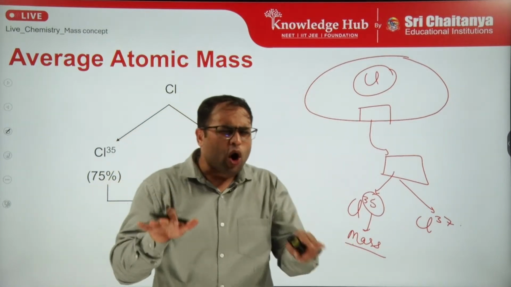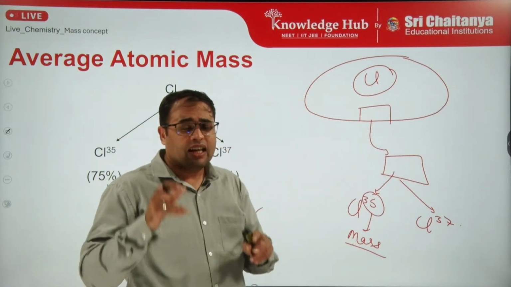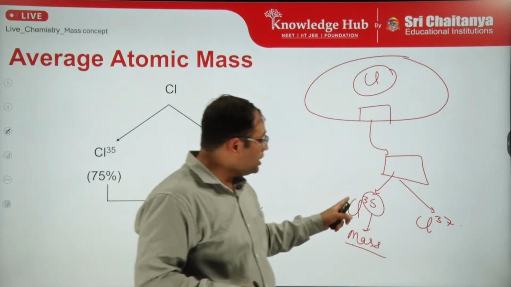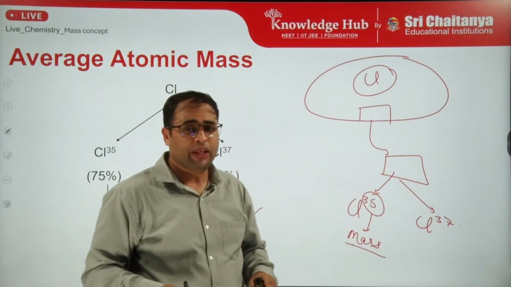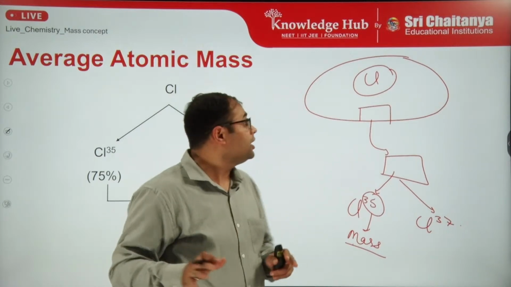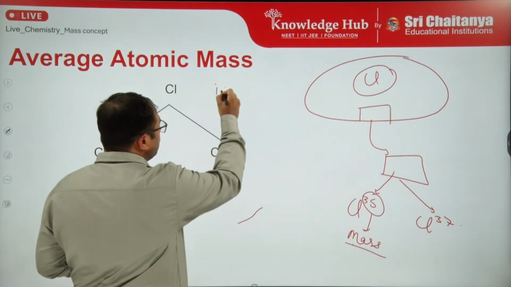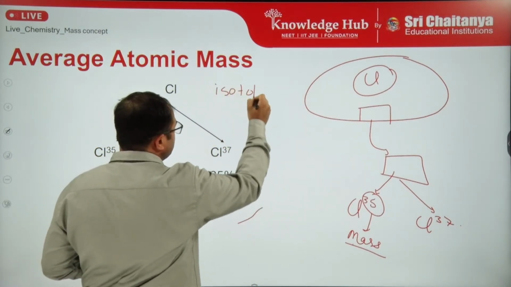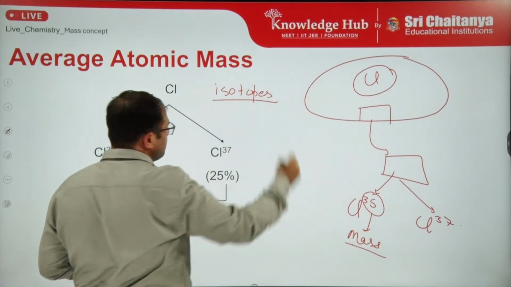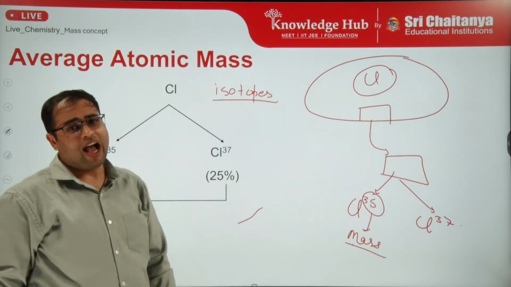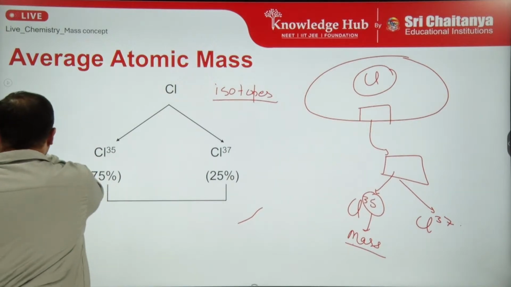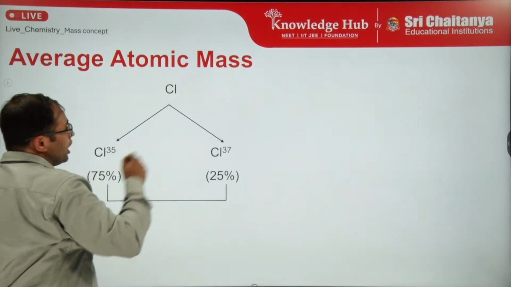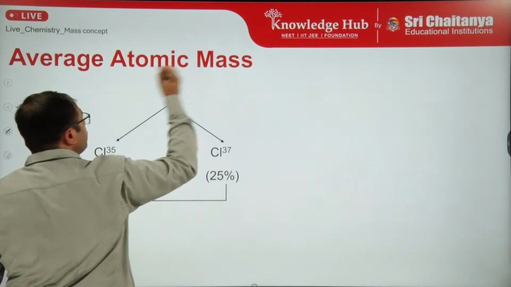Now, let us pause for a little bit and let me revise it for you. What are these chlorine 35 and 37? These are nothing but isotopes. Now let me revise your isotope knowledge also.